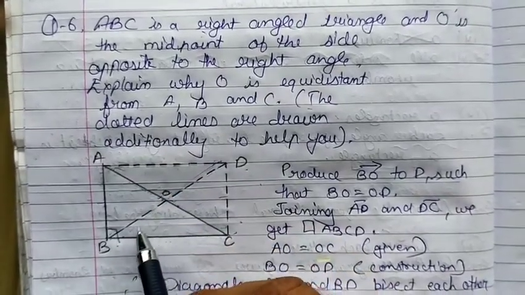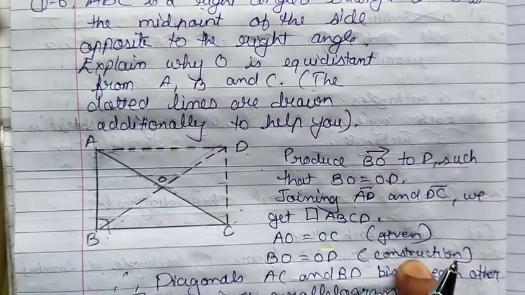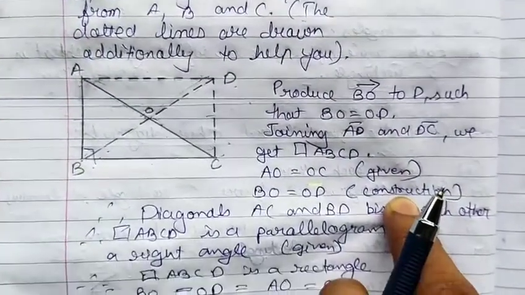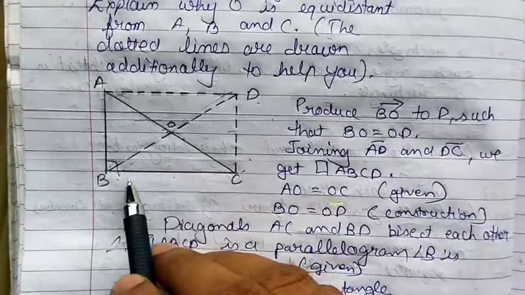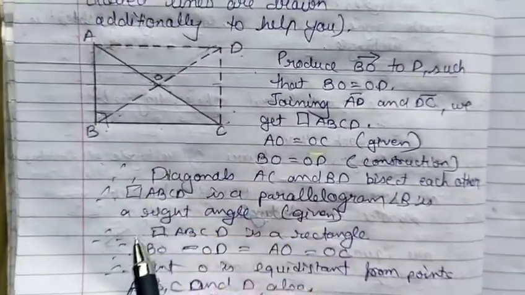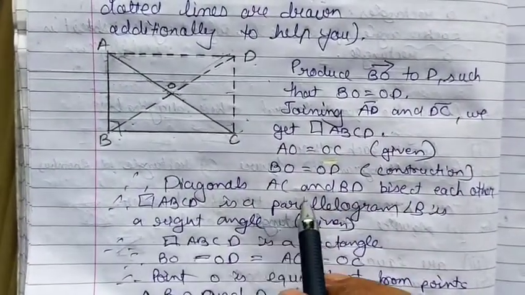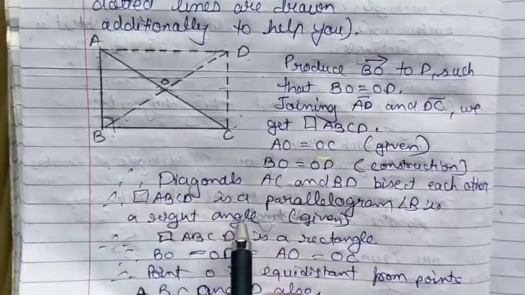This we got, OB, that is BO equals OD, through construction. So write down: through construction, the diagonals AC and BD bisect each other. Therefore ABCD is a parallelogram, and B is a right angle, which is given.